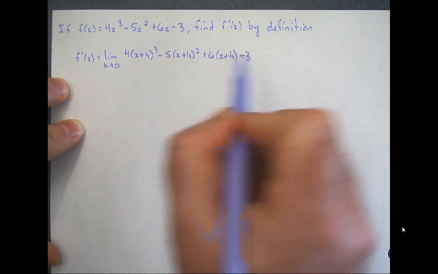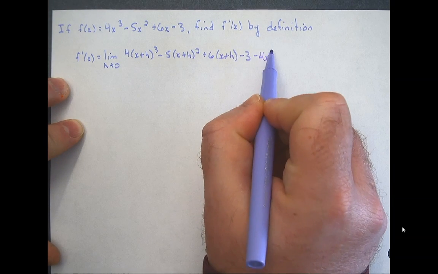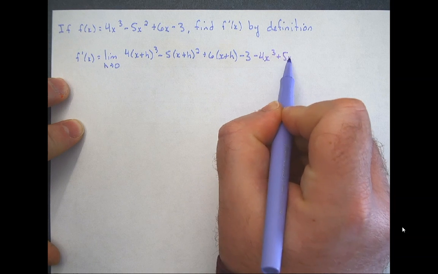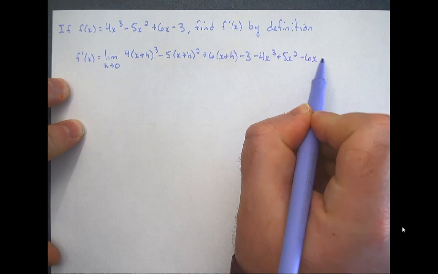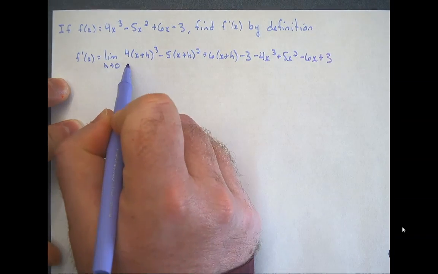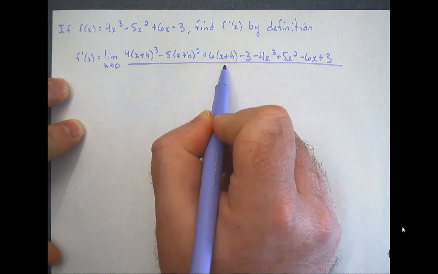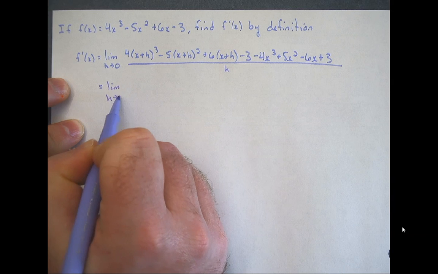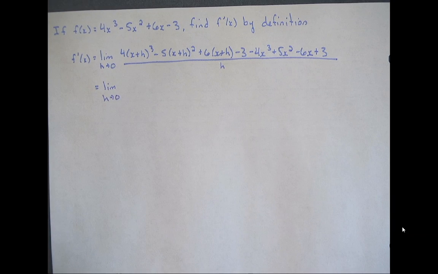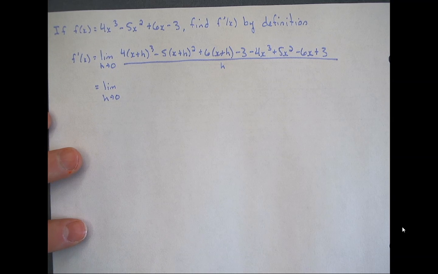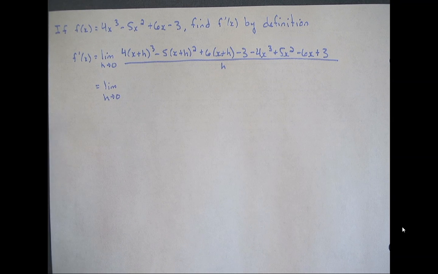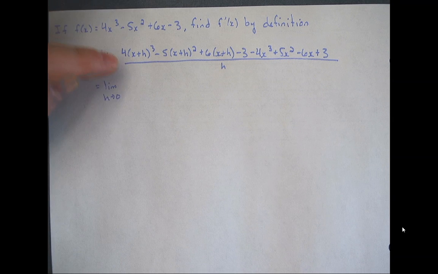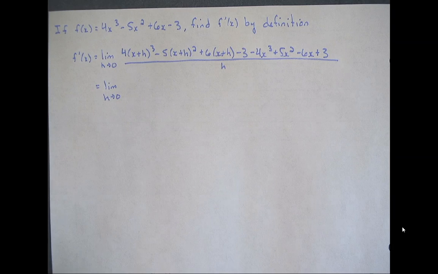And then I would subtract the function: minus 4x cubed plus 5x squared minus 6x plus 3, all over h. If you're feeling gutsy and you want to try to expand this on your own, you can pause or you can just watch. I don't think there's a ton of value in you doing this on your own. I just want to get to the spot where you can see my function's derivative and see if you can figure out the shortcut.